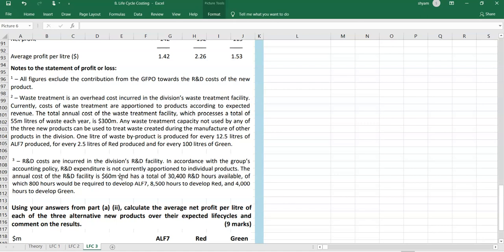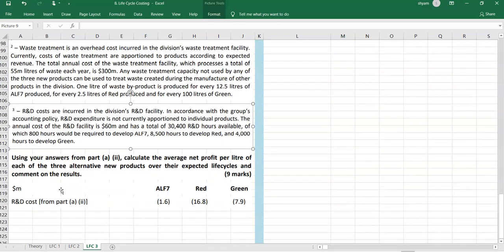Okay, so again they say that the total R&D annual cost is 60 million, and 30,400 R&D hours are available, and it will take 800 hours to develop ALF, 8,500 hours to develop red, and 4,000 hours to develop green. So they've also said that.